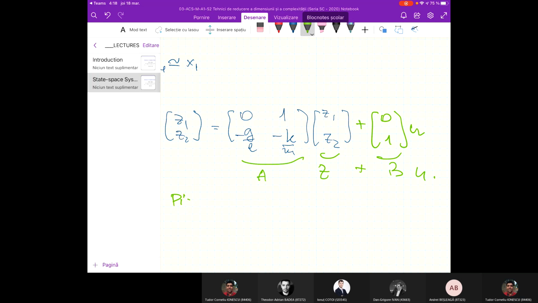Y equals what? What do we want to measure? Angle, velocity, or both? What should we use?